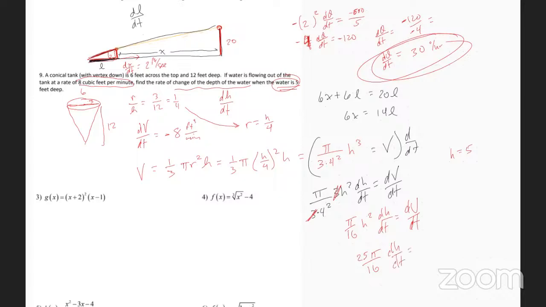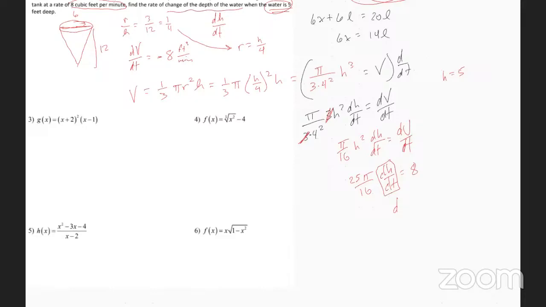Right? So it says find the rate of change of the depth of water. That's dH/dt I'm trying to solve for. So dH/dt is going to equal 8 times 16 over 25 pi.